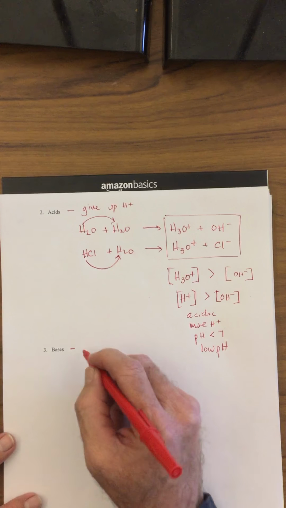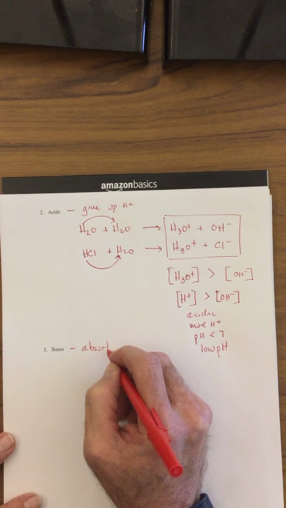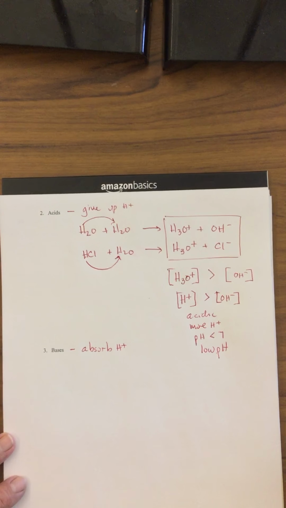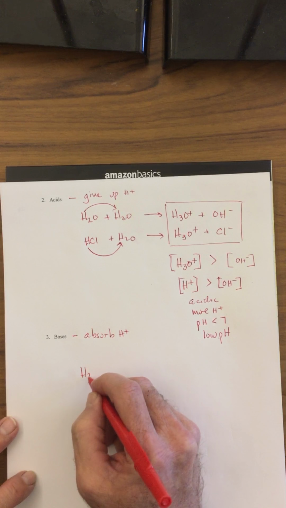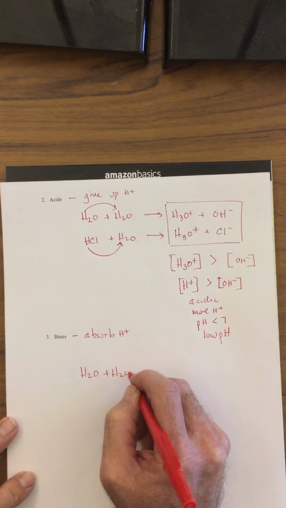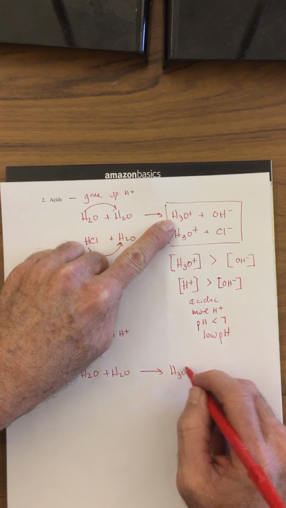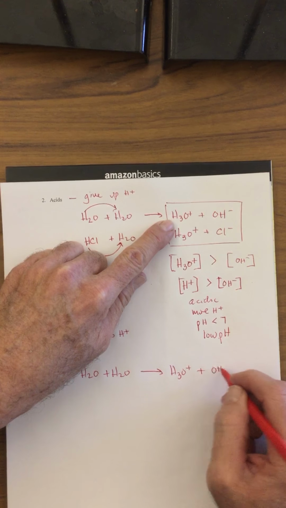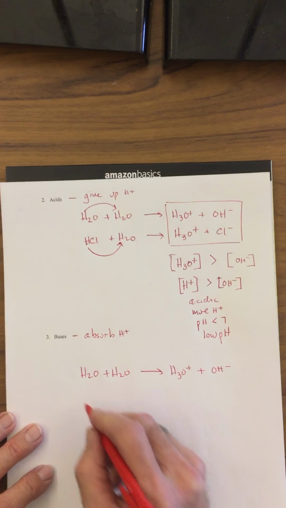Bases, on the other hand, these absorb H pluses. Let's go through a similar scenario. We have H2O plus H2O produces just what we have here, H3O plus and OH minus. Let's go ahead and add a base, which is sodium hydroxide.